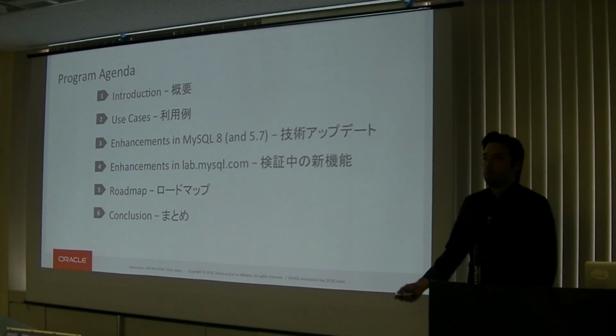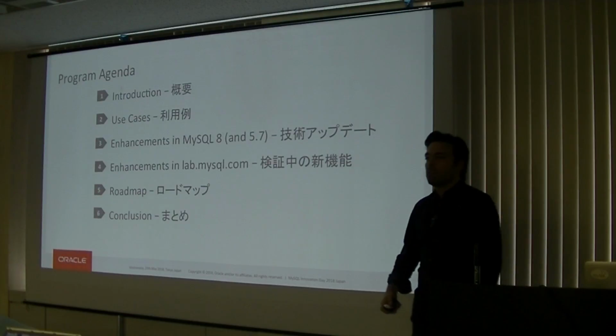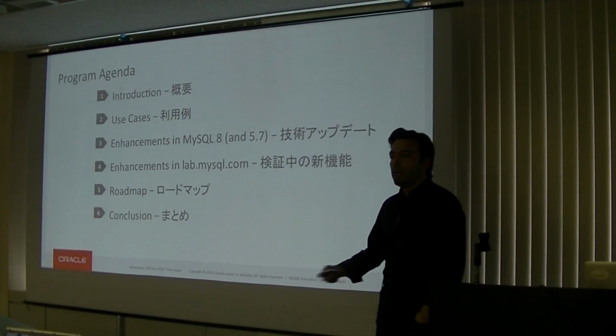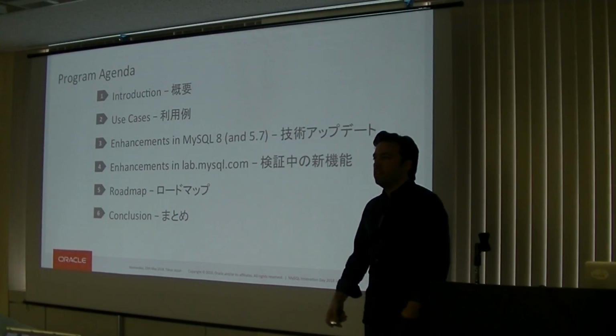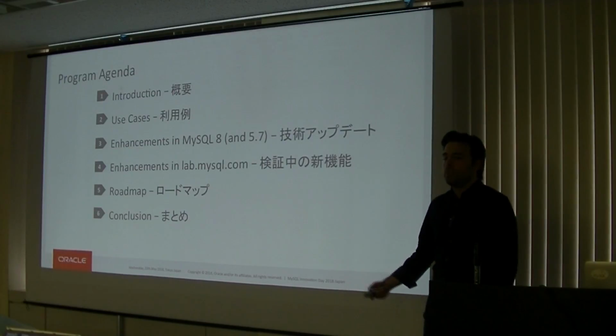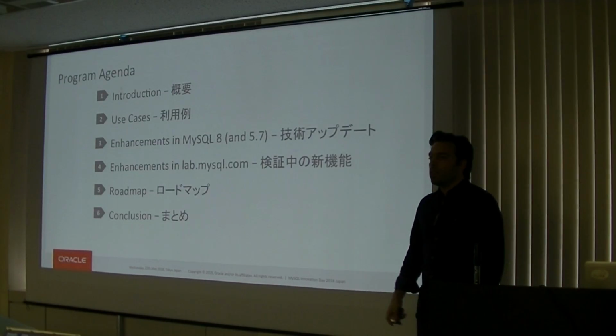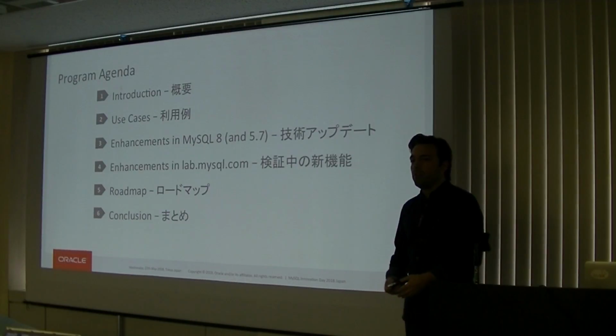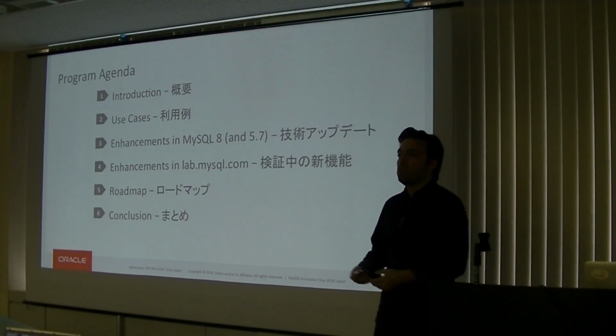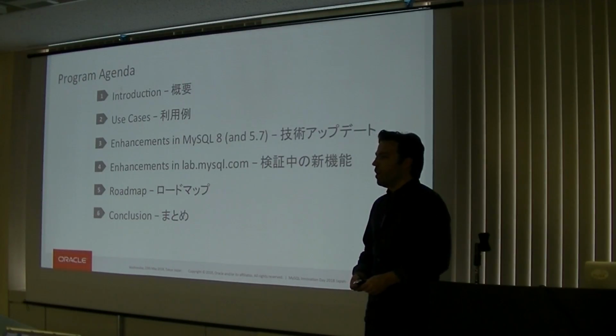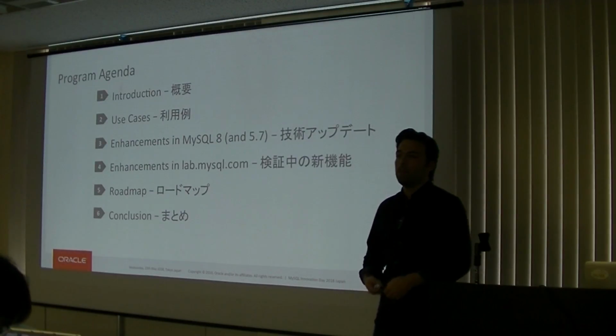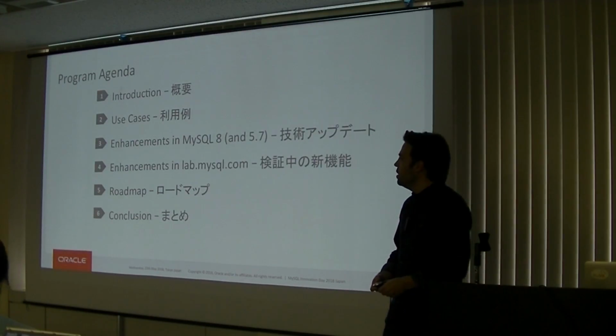Okay, let's talk about replication. This is the proposed agenda for this session. Talk a little bit about MySQL replication, what it is, how it has evolved over the years. Talk a little bit about how people use MySQL replication, what are the use cases, how people use it in production, how do they make the most out of it.